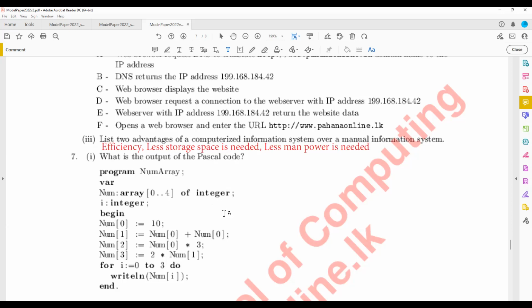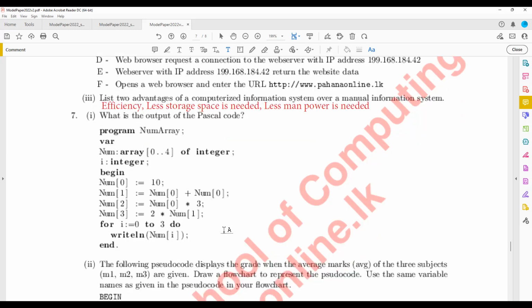Okay, let's move to the 7th question. What is the output of the Pascal code? So you have been given a code. 10, then 20, 30, 40.